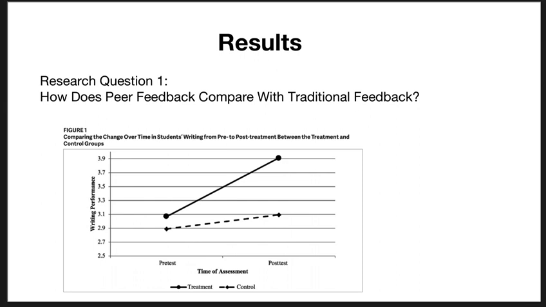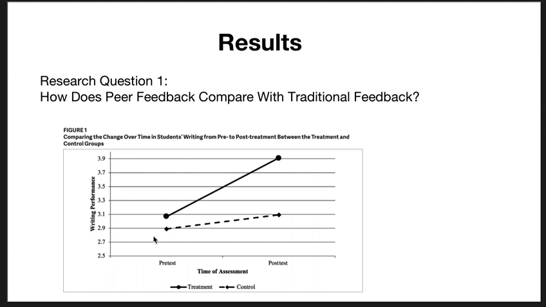In this article, if you have read it, we can see many figures. And from these figures, we can see that writing performance scores for the peer feedback group showed statistically significant gains over those seen in students receiving only traditional teacher feedback.